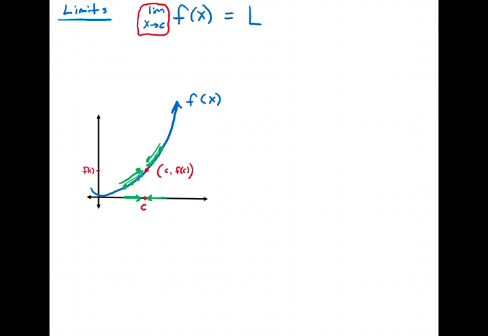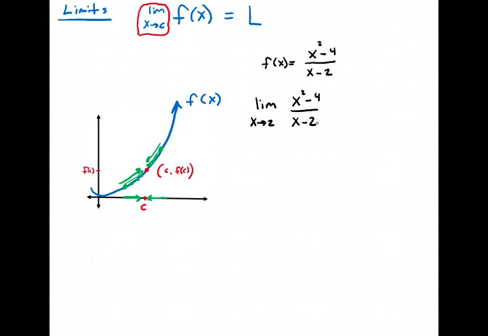So let's look, for example, at the function f of x equals x squared minus 4 divided by x minus 2. What I want to examine here is the limit as x approaches 2 of f of x. The limit as x approaches 2 of x squared minus 4 divided by x minus 2.